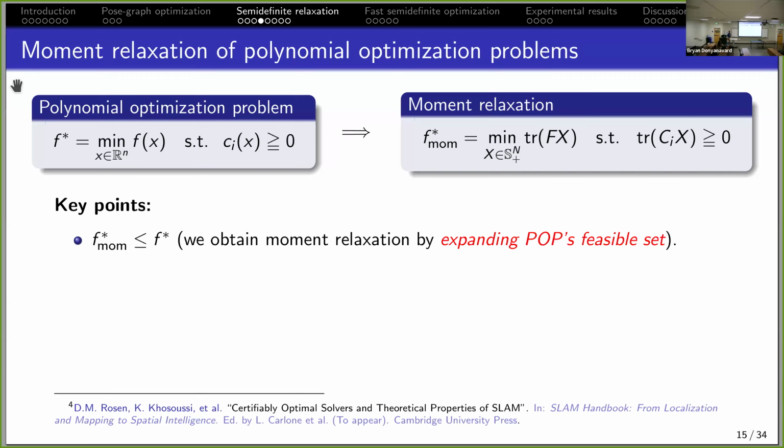Okay, so why is this useful? Well, the first thing that I can see is that if I can solve this problem, I immediately get a lower bound on the optimal value of this problem. And that's just because literally every one of these outer products of monomial vectors gives me a PSD matrix that looks like this. But there's a bunch of these PSD matrices that are not symmetric rank 1, right?